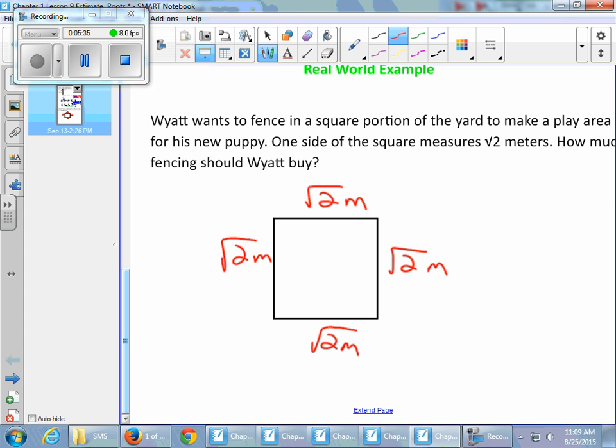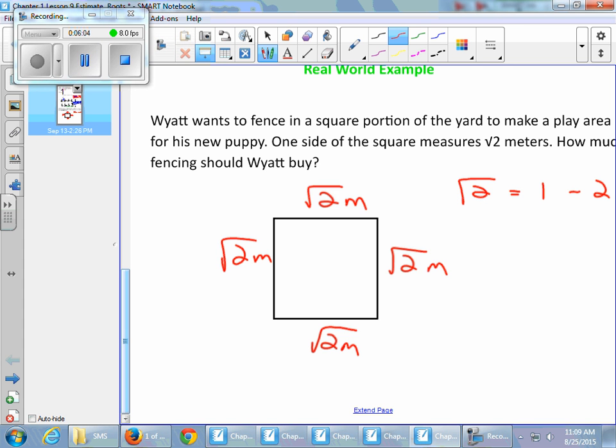Okay, once again, we're estimating. We're trying to estimate about how much fencing Wyatt should buy. So, looking at the square root of 2, we know the square root of 2 falls somewhere between 1 and 2. So, that being said, each side is between 1 and 2 meters.